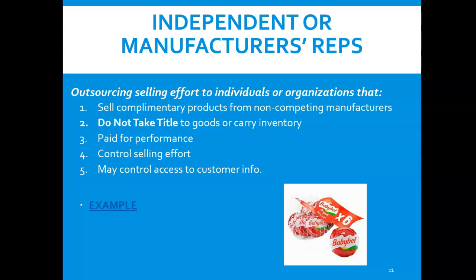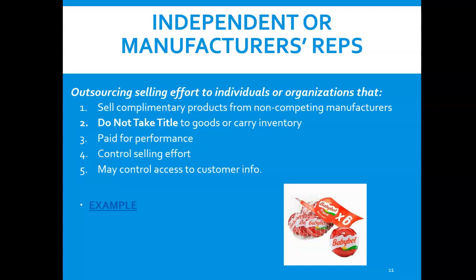So when Babybel cheese came out, he was an independent rep, and what he did was he carried a portfolio of brands, and he had the relationship with the different people at grocery stores, so people like myself and buyers, to get into the grocery store where Babybel was starting out and they did not have that information or relationships or the resources to really put all of that in place yet.